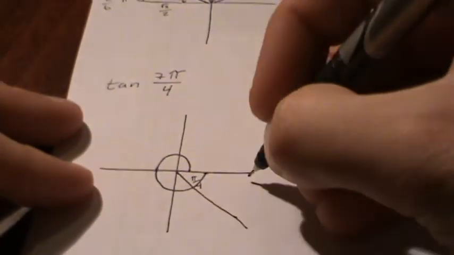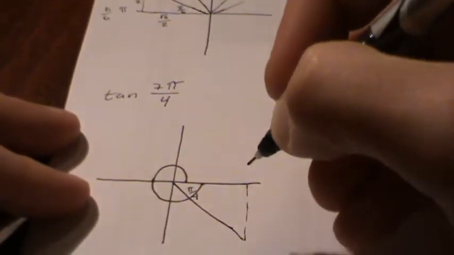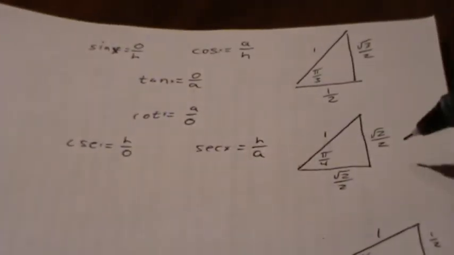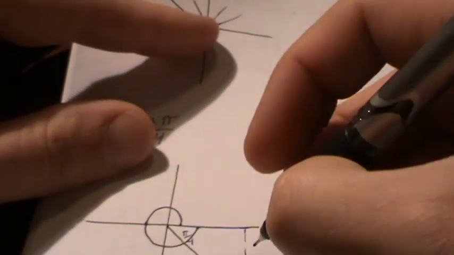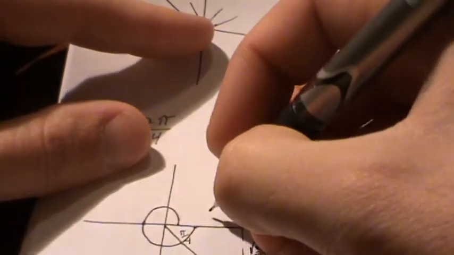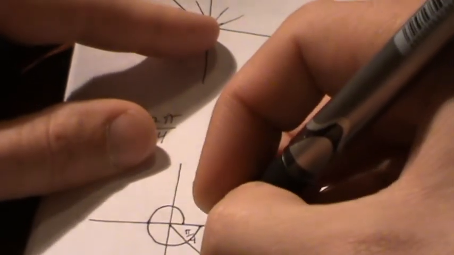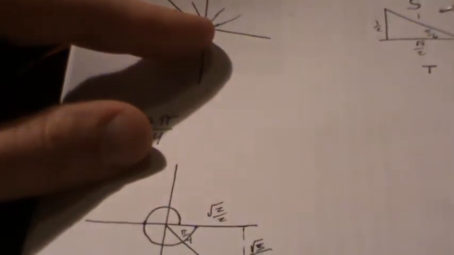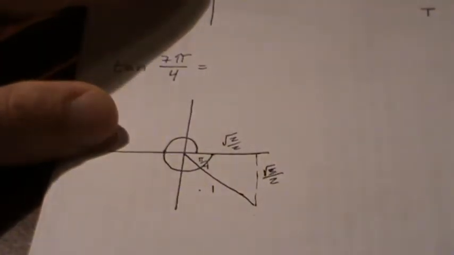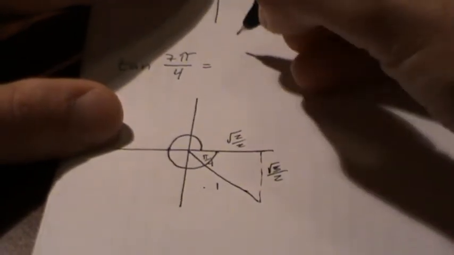Okay, so now I know that this is a pi over 4 triangle. And so what I do is I grab my pi over 4 thing here, and I say, well, it's the square root of 2 over 2, square root of 2 over 2, and a 1. And now, tangent is opposite over adjacent, or this divided by this.